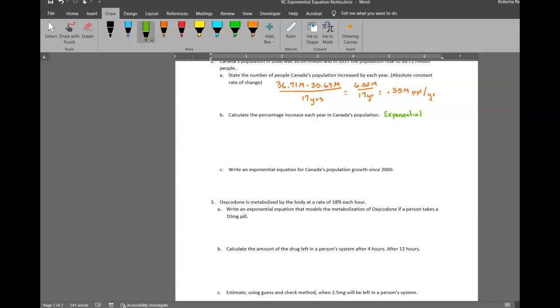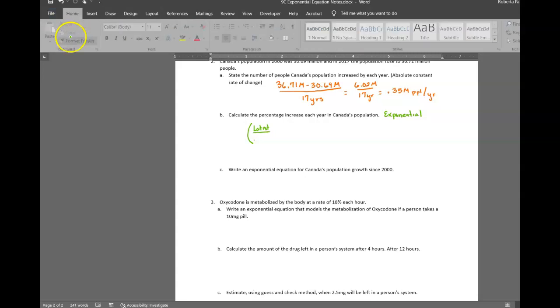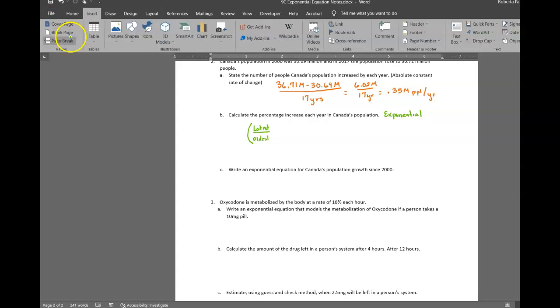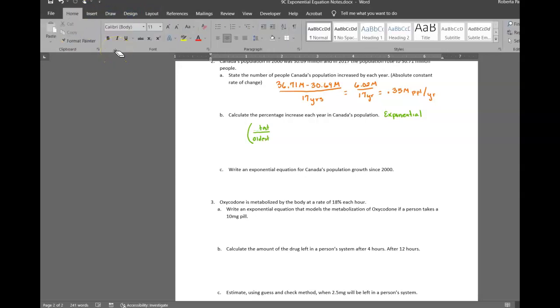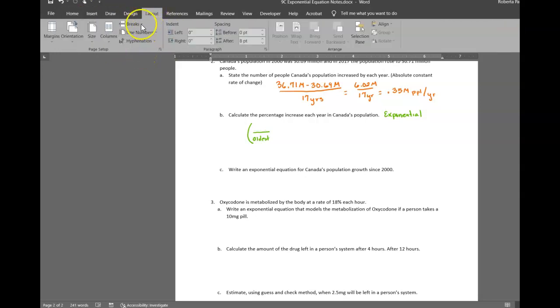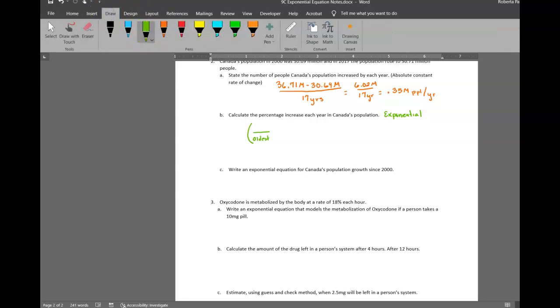So the way we do this is we're going to take the latest value, the newest value, since we've used new and old in the past, and we're going to divide those. That gives us a decimal, which makes sense because we want something exponential, and a percentage is a decimal.